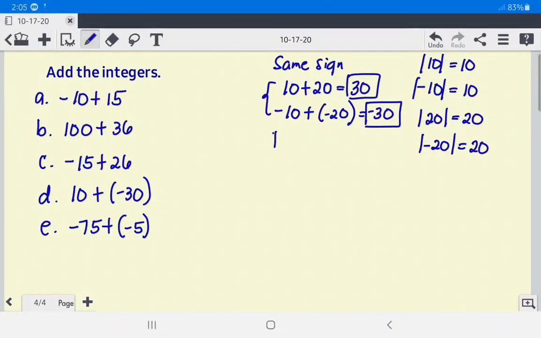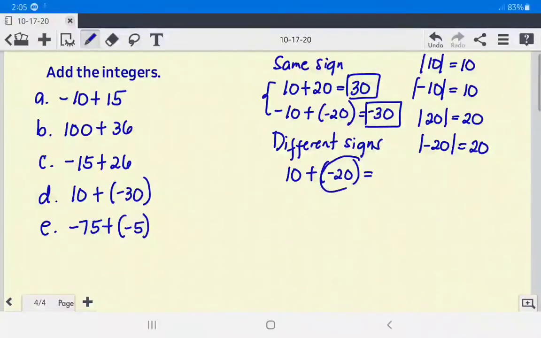Okay, next, how about if we're going to add integers with different signs? Let's say, for example, we have 10 plus negative 20. Okay, so again, you're going to get their absolute values. Then after that, you're going to subtract the smaller absolute value from the larger absolute value.